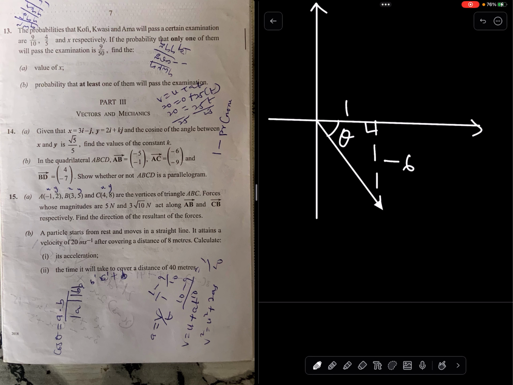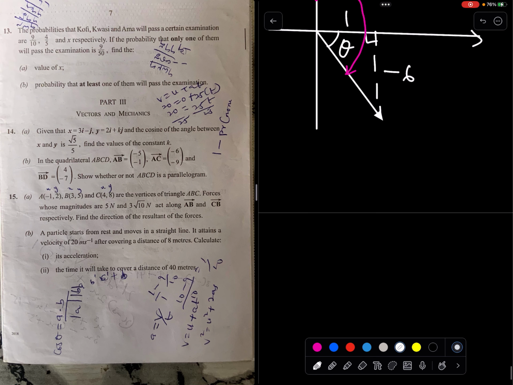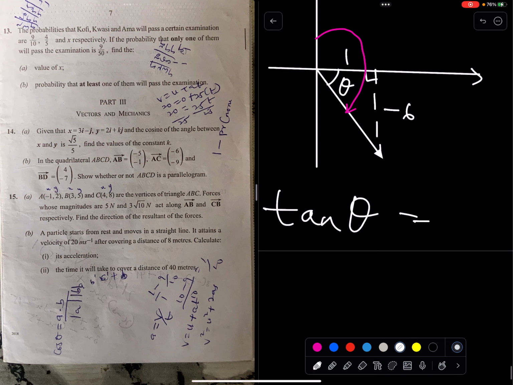Now let's find theta first. The direction of the resultant is this, this angle. So it's going to be 90 plus theta. Let's find theta first. So tan theta equals opposite over adjacent, which is 6 over 1.